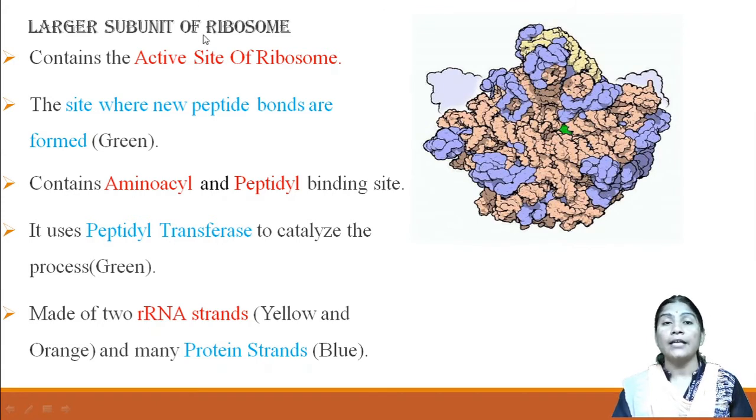When we learn about the larger subunit of the ribosome, it contains the active site of the ribosome. The large subunit always contains the active site, the site where the new peptide bonds are formed.